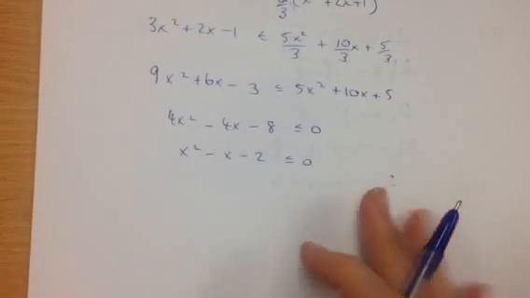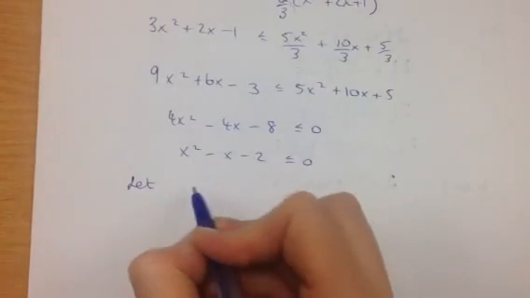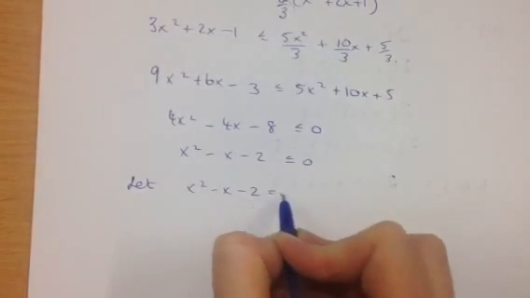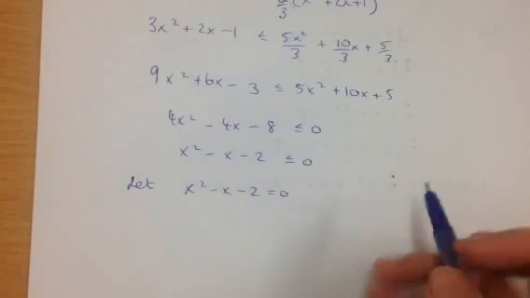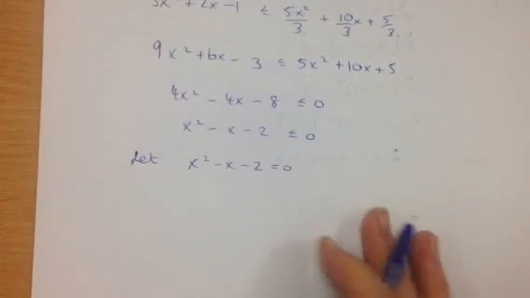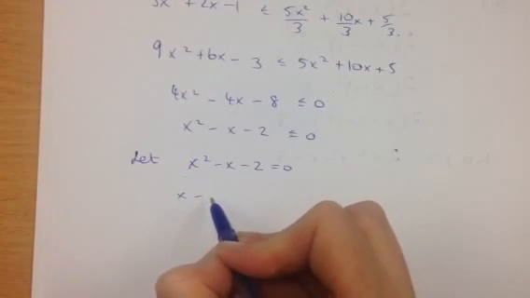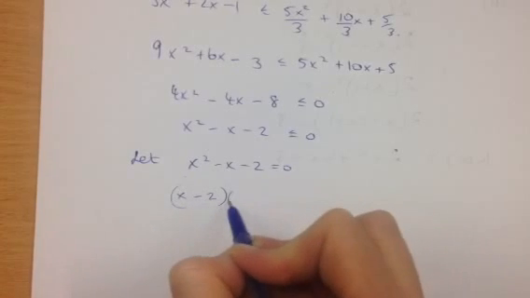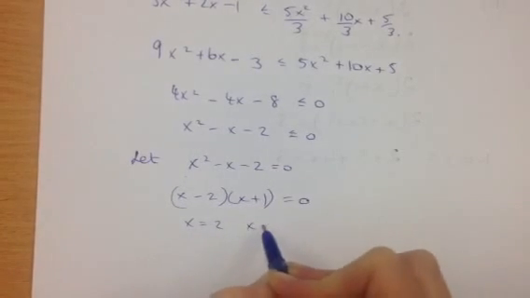And then from here, how do I solve a quadratic inequality? Well, I'm going to let x squared minus x minus 2 equal 0 so that I can give it a quick sketch and see where this is less than or equal to 0. Solving this, I end up with x minus 2 as one bracket and x plus 1 as the other, equal to 0, which means x is equal to 2, x is equal to minus 1.